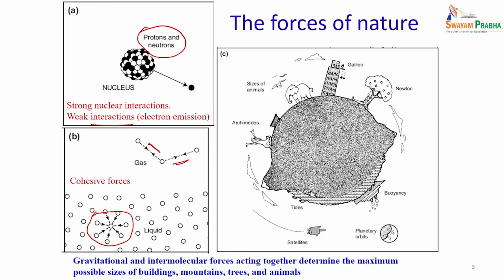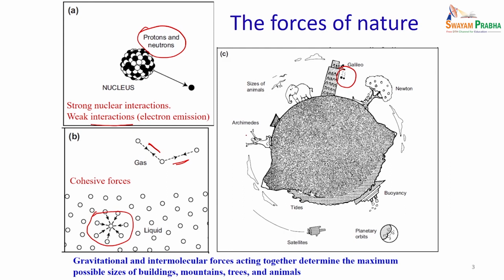Another example is the earth. We can see various pictorial representations. We start with Galileo. Galileo threw two different balls, and when he was throwing the two balls, he understood that there is a gravitational force.